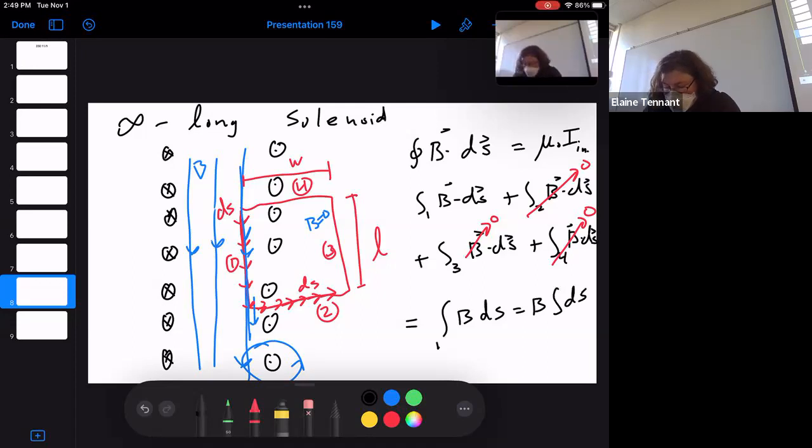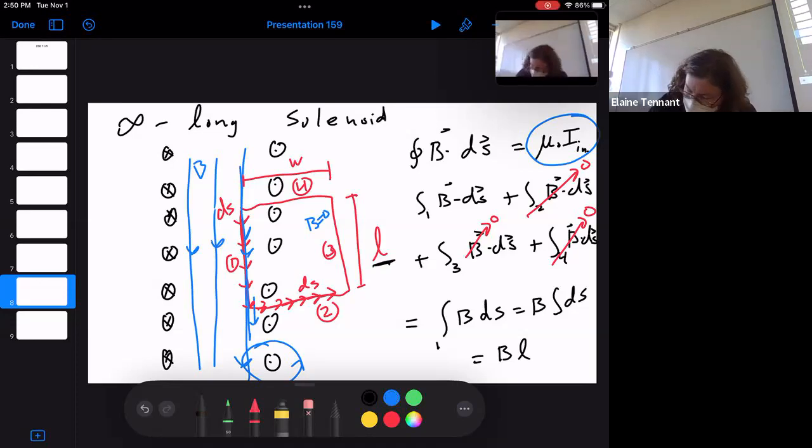Okay, and if I'm integrating ds over length L, so I add up all my ds's, they should add up to the length L, right? Okay, so I have B times L. So that's one side of my Ampere's law. Next thing I need to do is calculate how much current is going through my loop.